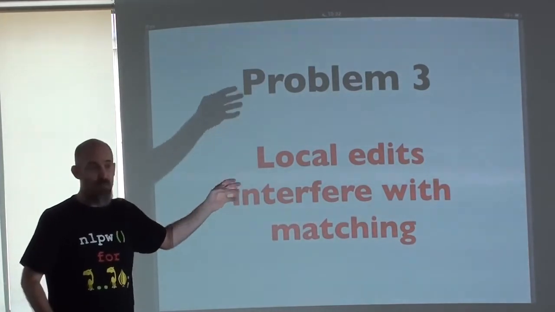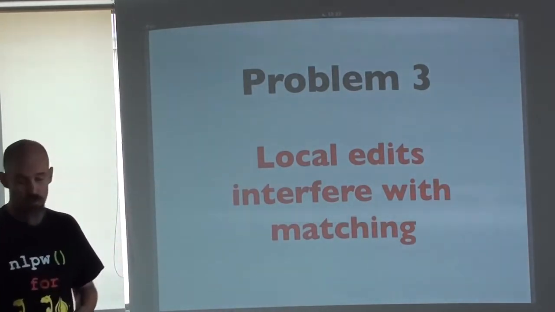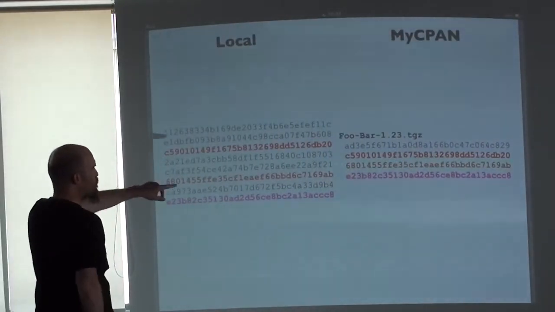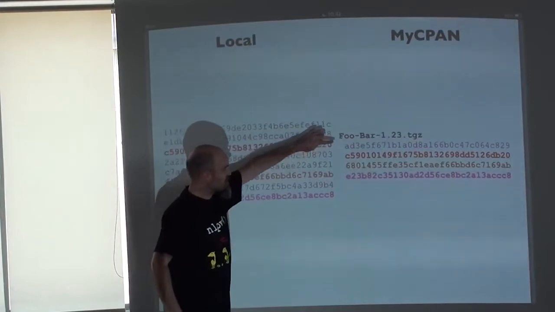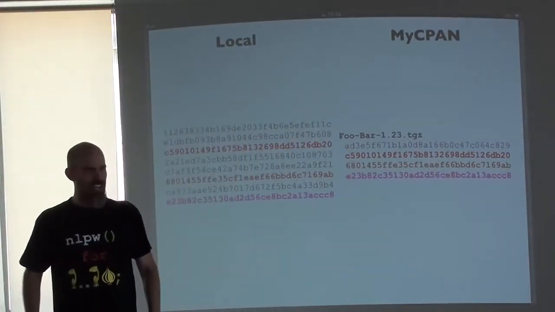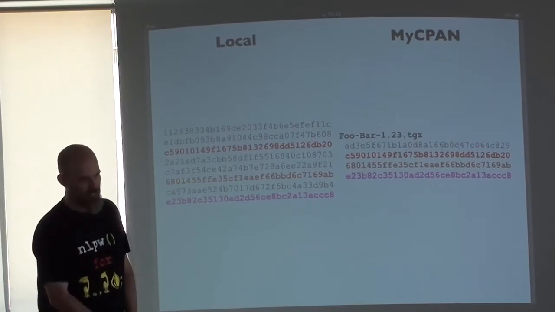and then I get misses. And now what happens is that I miss a distribution by like 1 or 2 files. So I'll have something like Foo-Bar 1.23, which almost matches except for 1 file because I edited that guy. There is something slightly different, and it might be just white space.